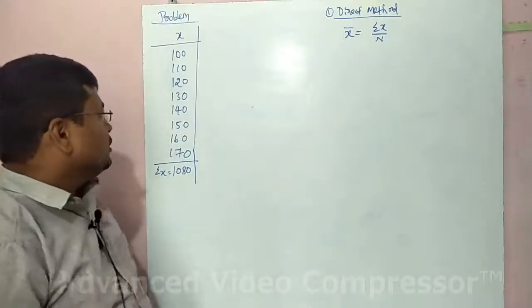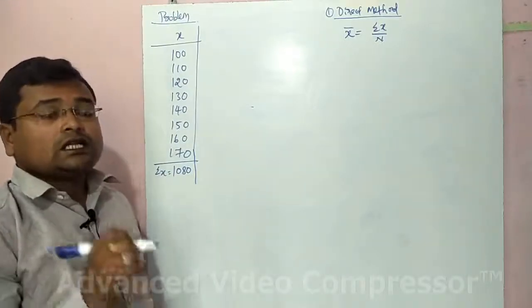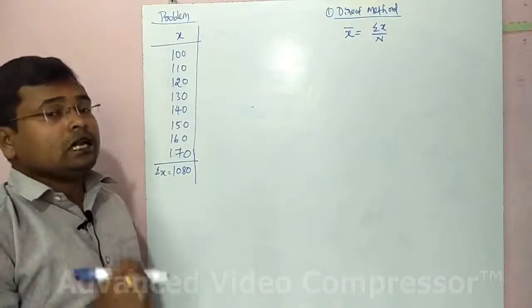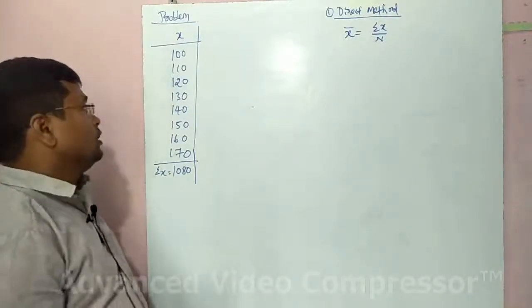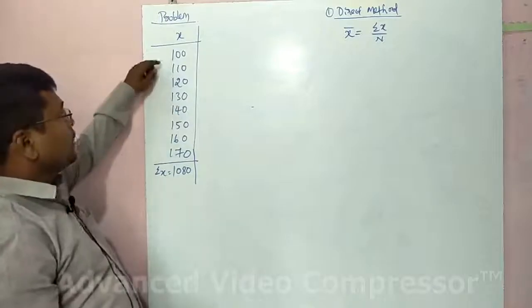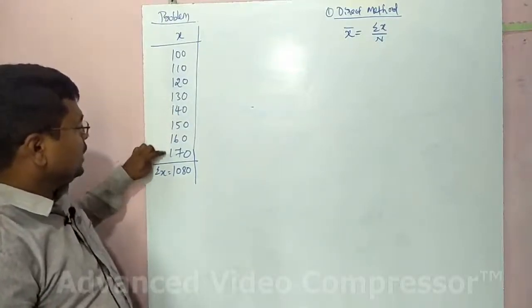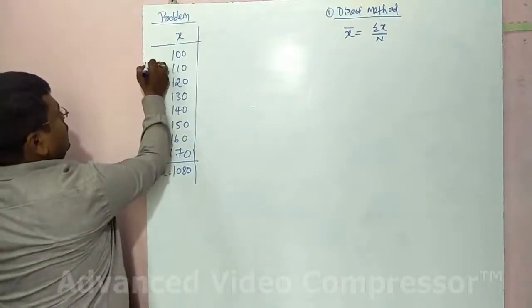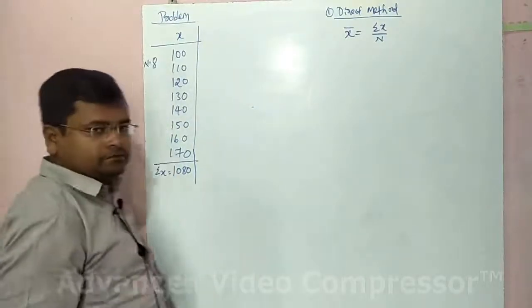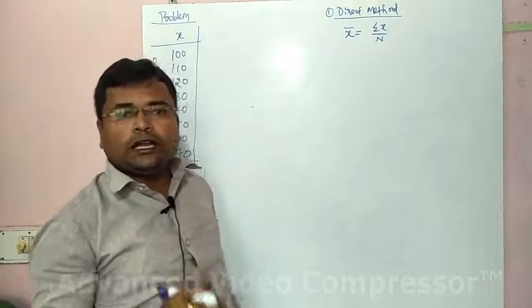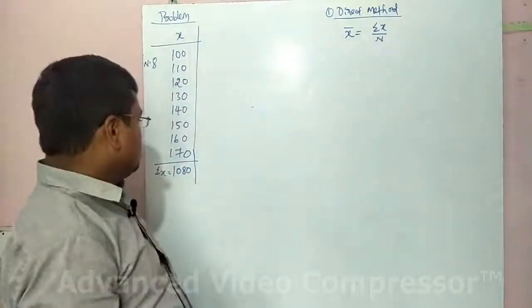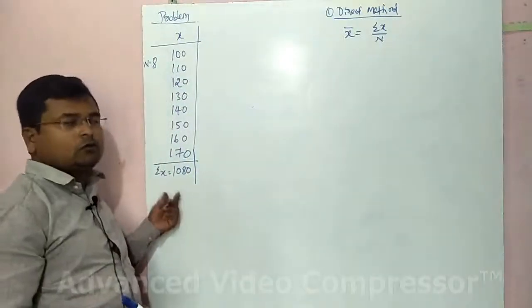Now n means the number of items or the number of observations given. So how many numbers are here? 1, 2, 3, 4, 5, 6, 7, 8. That means n is equal to 8, because there are 8 numbers, and summation of x is 1080.